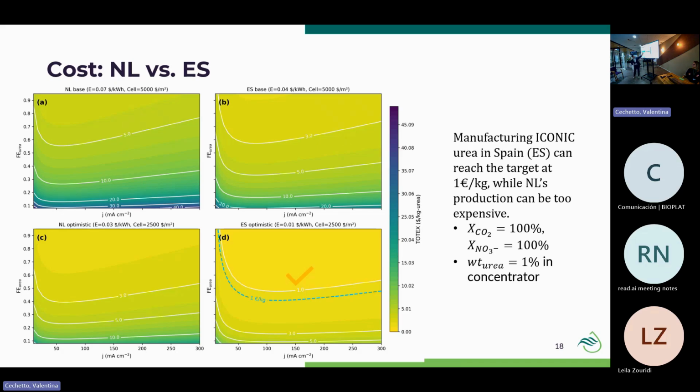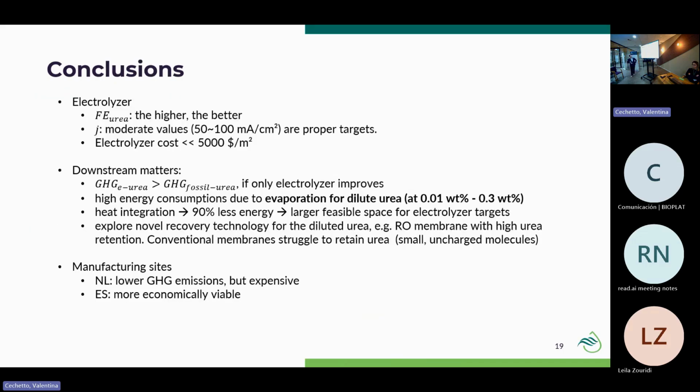But in Spain, in very optimistic scenarios, if we reach a current density larger than 50 and a Faraday efficiency higher than 0.4, that's a feasible solution for economic viability.